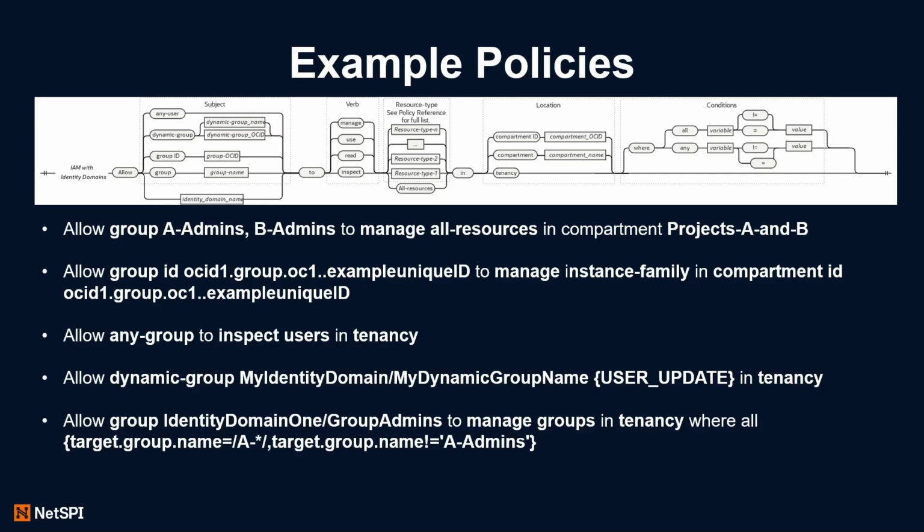So if there's a group admins in identity domain 2, that would not be captured by this policy. It's only the group admins group in identity domain 1. And then at the end we have some conditionals: that group can manage groups in the tenancy only if the target group starts with a dash and is not a dash admins.